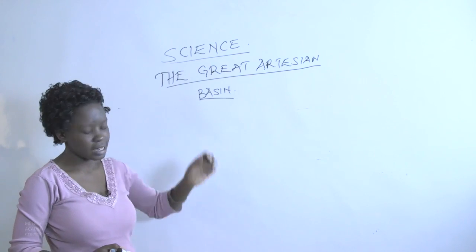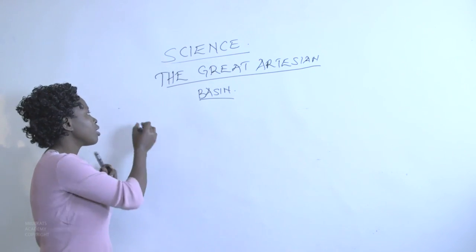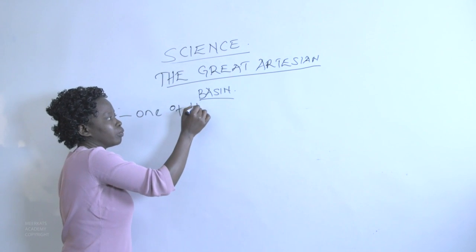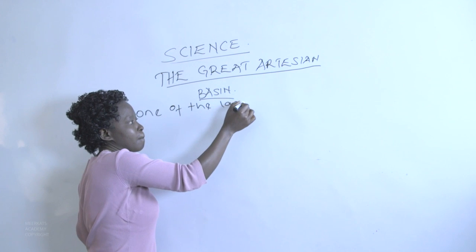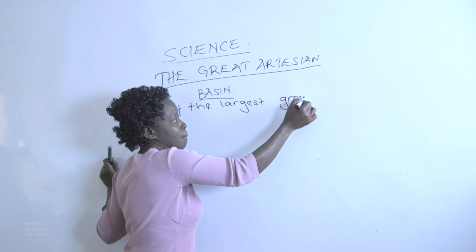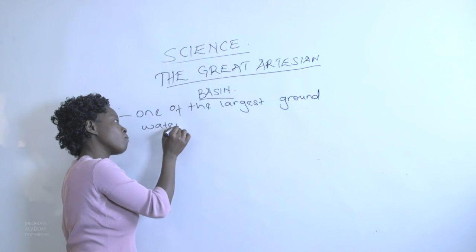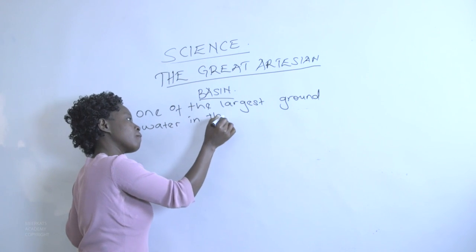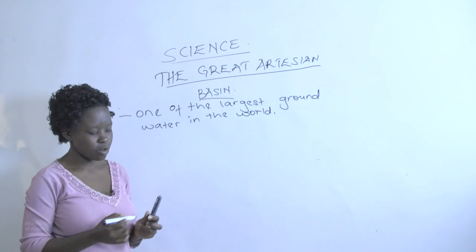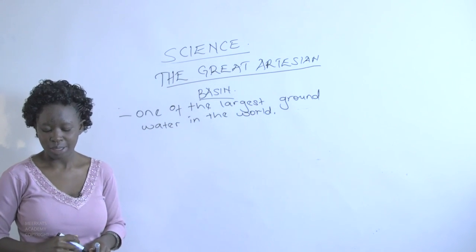So we are having the Great Artesian Basin. The Great Artesian Basin is one of the largest groundwater basins found in the world.